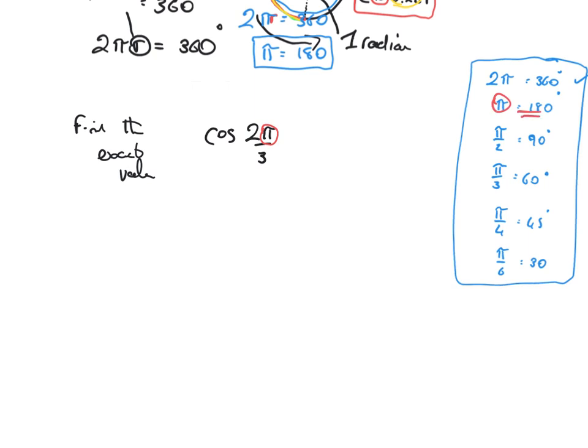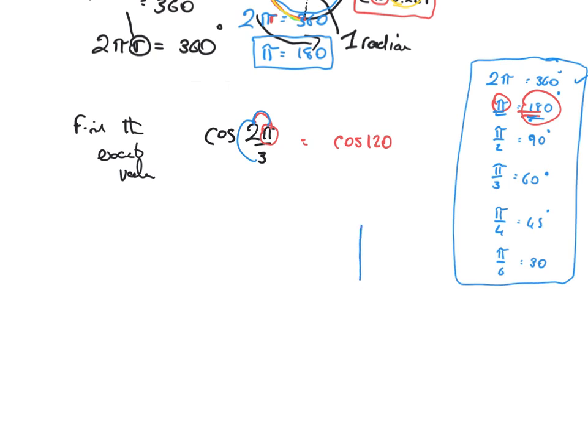So what we can do is we can start to think about this as if it was degrees. So cos 2 pi over 3 is equal to, well, pi radians is 180, so 2 pi radians is 360. 360 divided by 3, that would be cos 120. Okay, so dead easy. Pi is 180. Pi times 2 is 360. 360 divided by 3, that's 120.